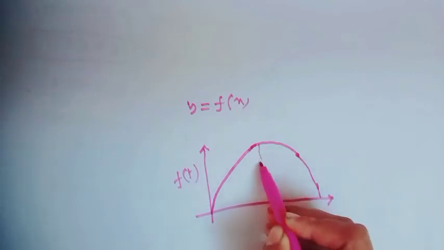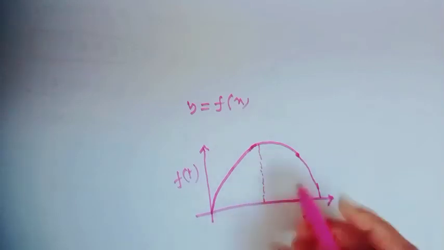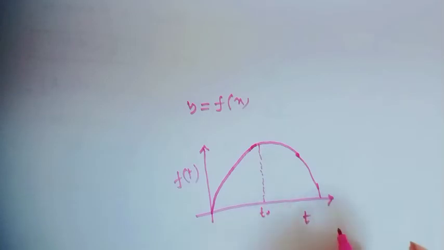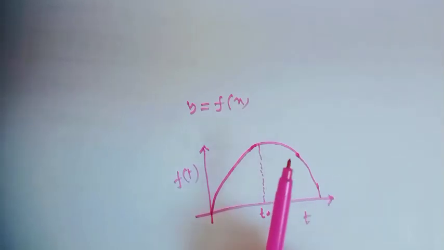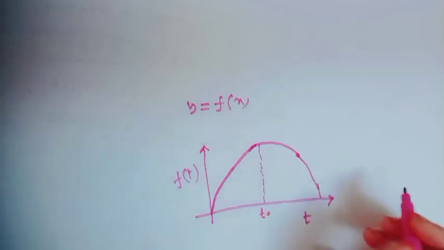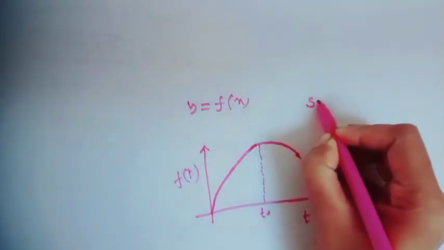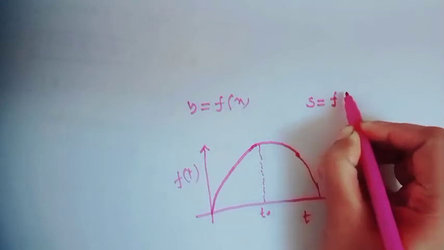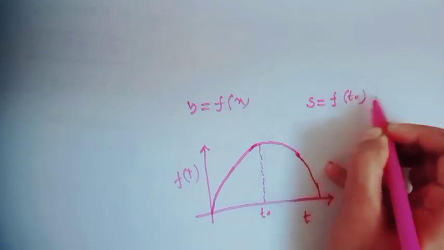This is the time t naught. Now my question: what is the velocity at the given time t naught? Let s equal the distance f of t naught.